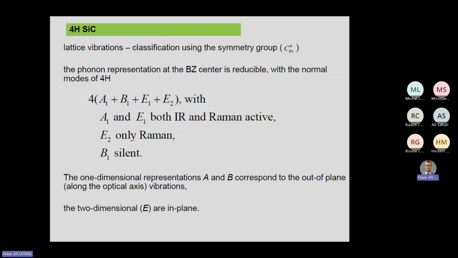They are two patterns of atomic movement in the planes with the same frequency. So there is also a vibration which is not seen either in infrared or in Raman.